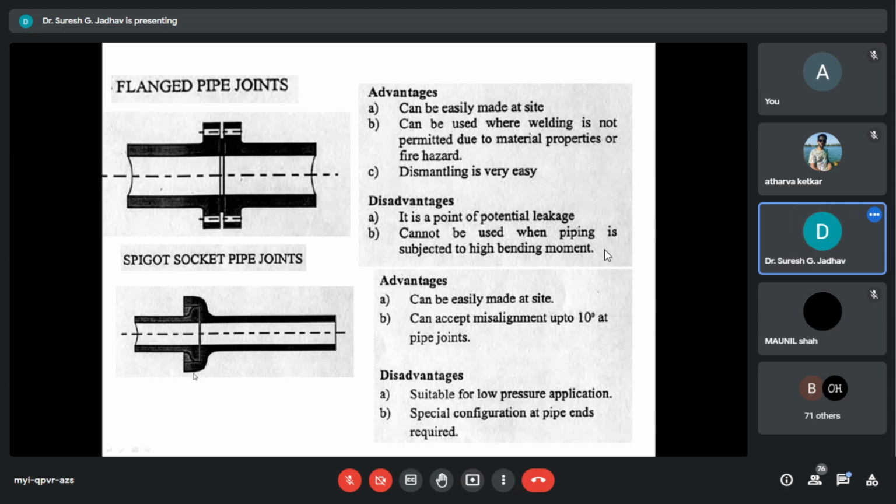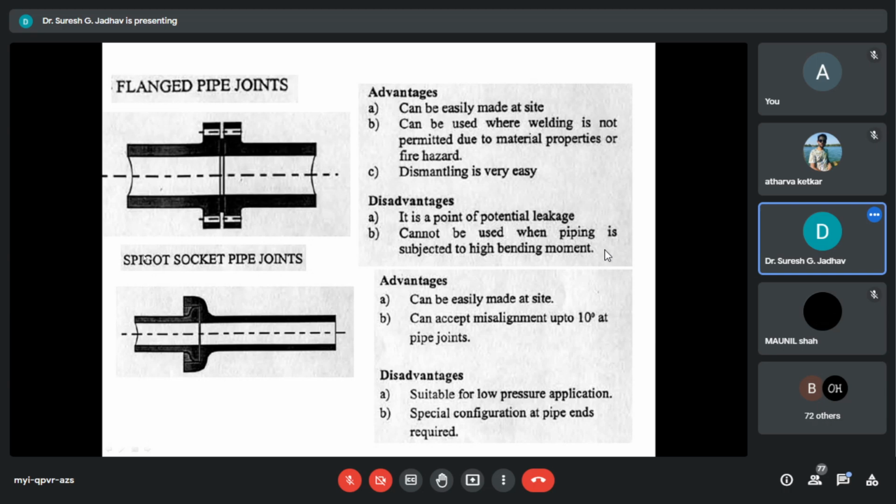Now next is spigot socket pipe joints. They can be easily made at sites. We can connect two pipes of the same or different dimensions in terms of diameter, or we can consider the nominal pipe size, NPS. So with the NPS nominal size, we can connect the pipe joints.